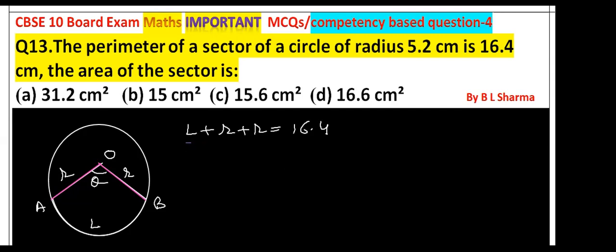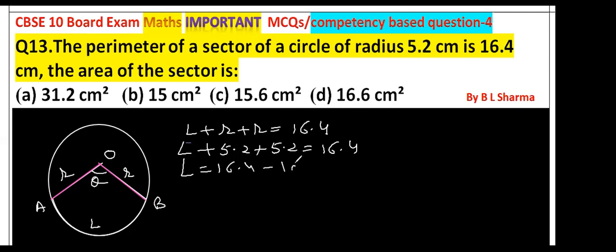Length of arc is, see, radius is 5.2 plus 5.2, that is 10.4, plus length of arc is 16.4. So length of arc is equal to 16.4 minus 10.4. So length of arc is here 6 centimeters.